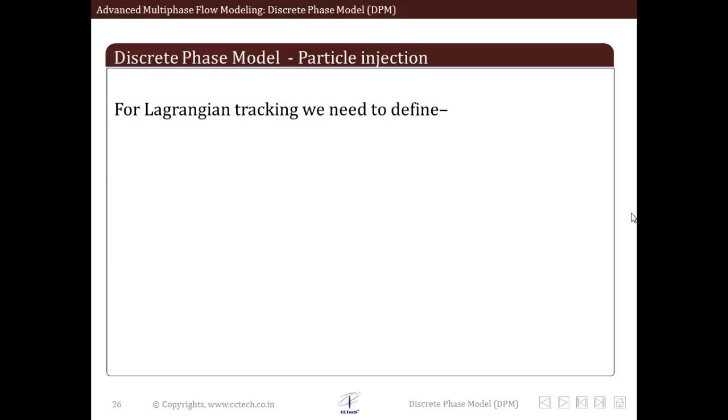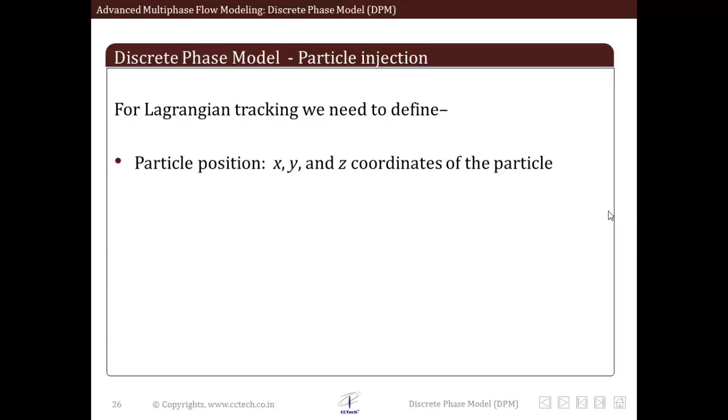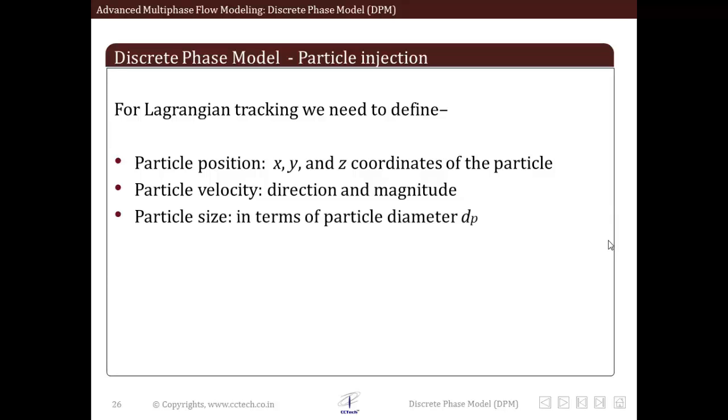In order to define injections, we have to define particle position, that is, the initial or starting position of the particles, what are its x, y or z coordinates. We have to define particle velocity: the starting velocity of the particle when it enters the domain of calculations, its direction and its magnitude.